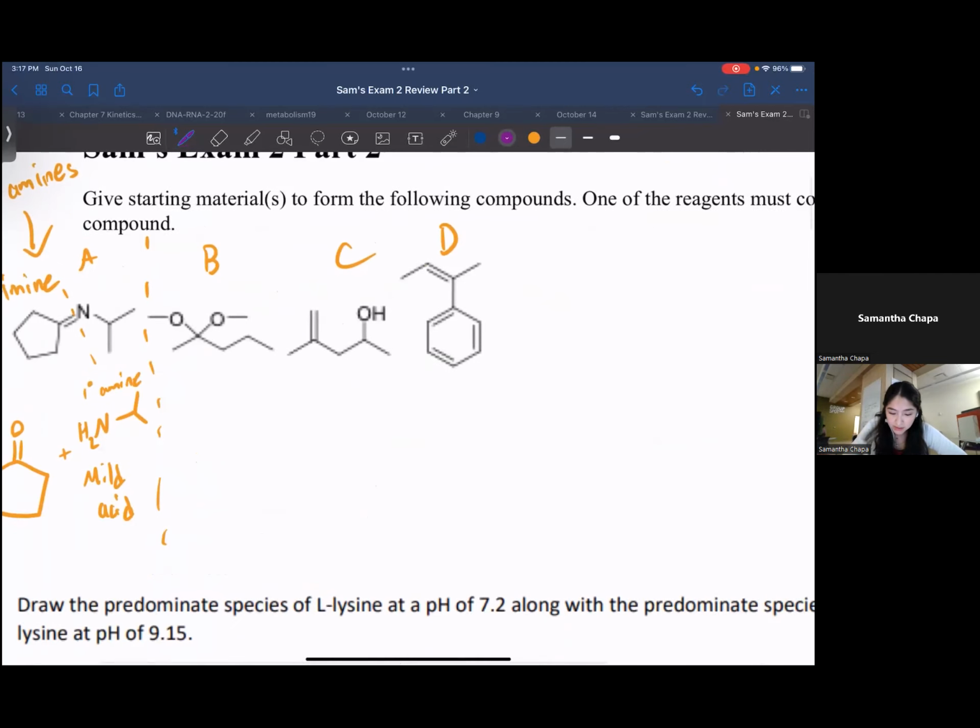For this next one, we have an acetal. We know that in order to make acetals, we need two alcohol groups, two OHs, and a carbonyl. So what I'm going to do is put my carbonyl in place of where my acetal carbon is. And I'm going to add 2 moles of methanol.